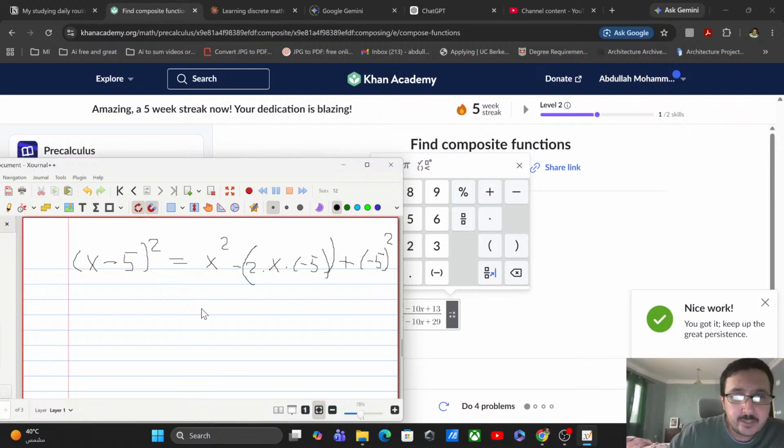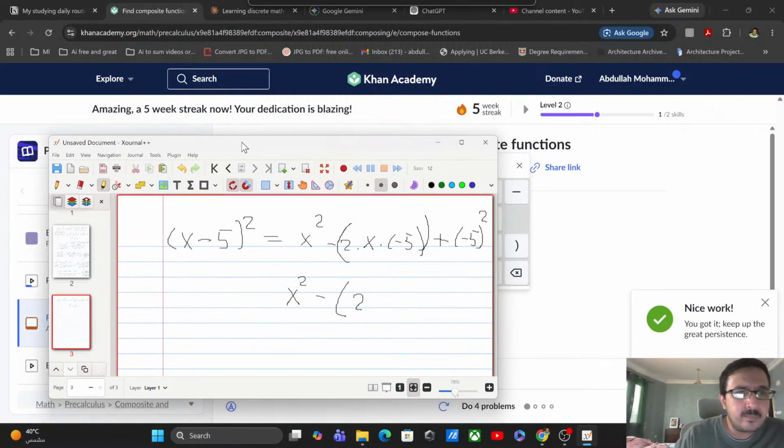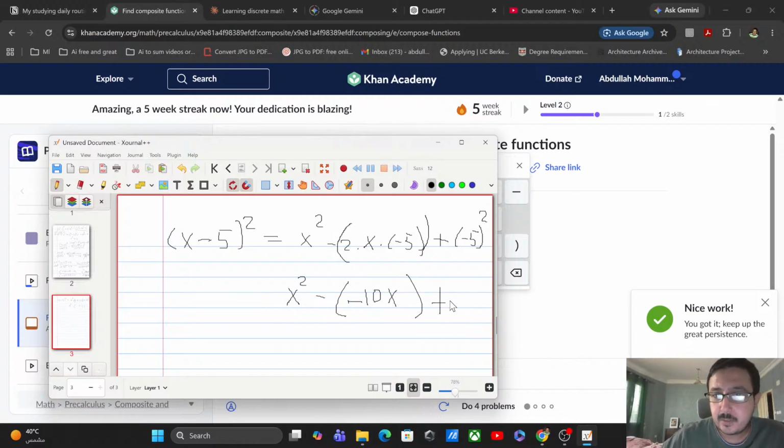Okay, so x squared is equal to minus 2 multiplied by minus 5 multiplied by 2 is minus 10x plus 25. So x squared plus 10x plus 25.